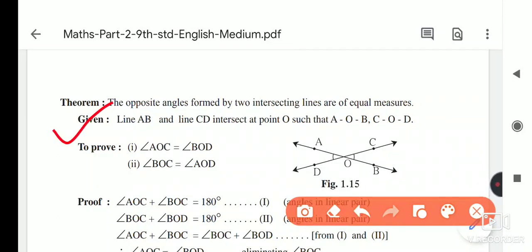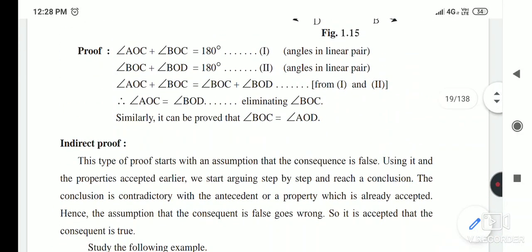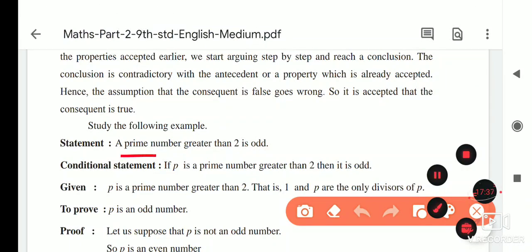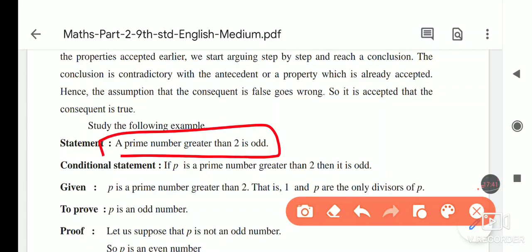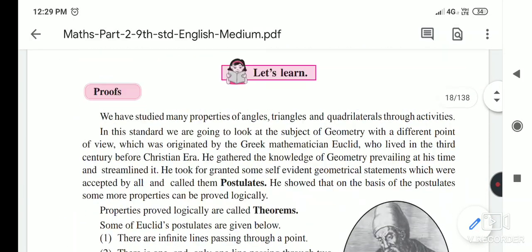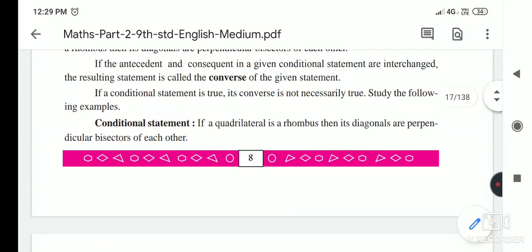That we will see in our next section, and that statement we will prove by the direct method. Another statement is: if a prime number greater than 2 is odd, and that statement we will also prove by the direct method. So today we have seen Euclid's postulates and a statement and its converse.